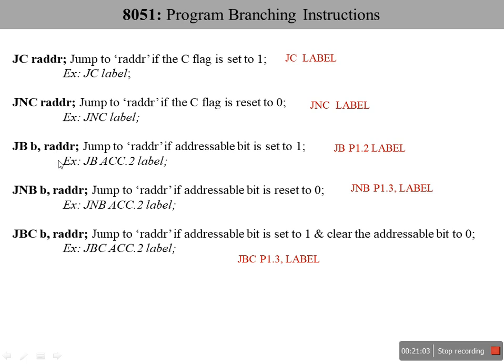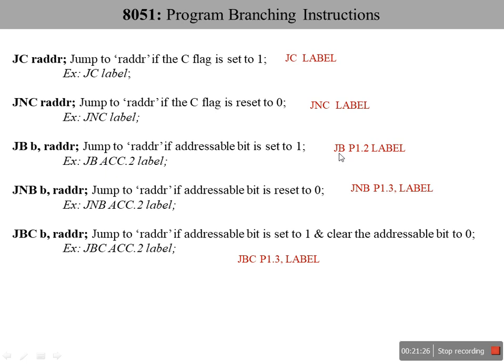Similarly, it is possible to jump to a relative address if a particular bit is set to 1, like JB bit, relative address. For example, JB ACC.2 label. Here the control will go to the specified label if the third bit of the accumulator is set to 1.